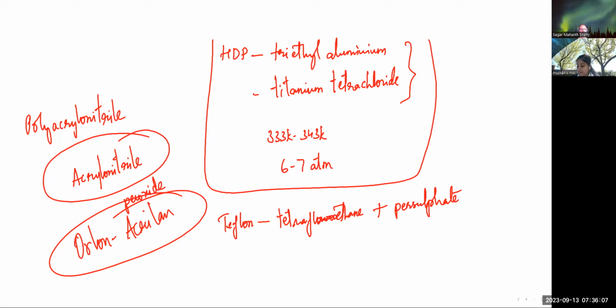After this, of course, these are addition reactions. In the next class, what we'll be seeing is condensation polymerization. How do you know if it's an addition reaction? Basically, in condensation, what happens is that it results in loss of some simple molecules.